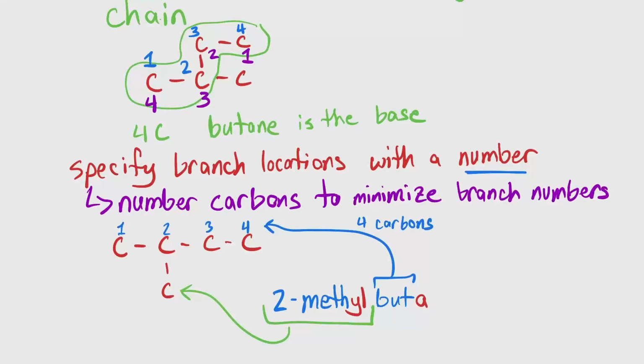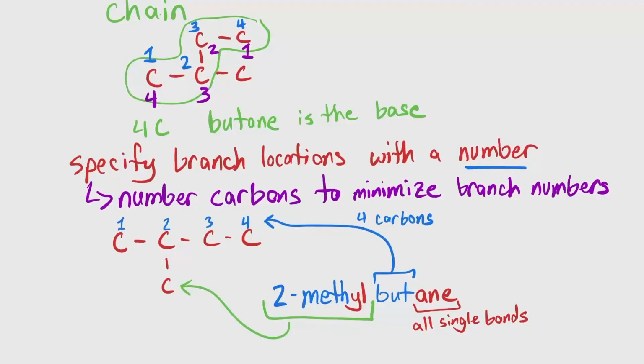And then the ending is ane, A-N-E, because it's all single bonds. Question? Did you get the YL? The YL is to let us know that it's a substituent group, it's an add-on. It's not the main character.